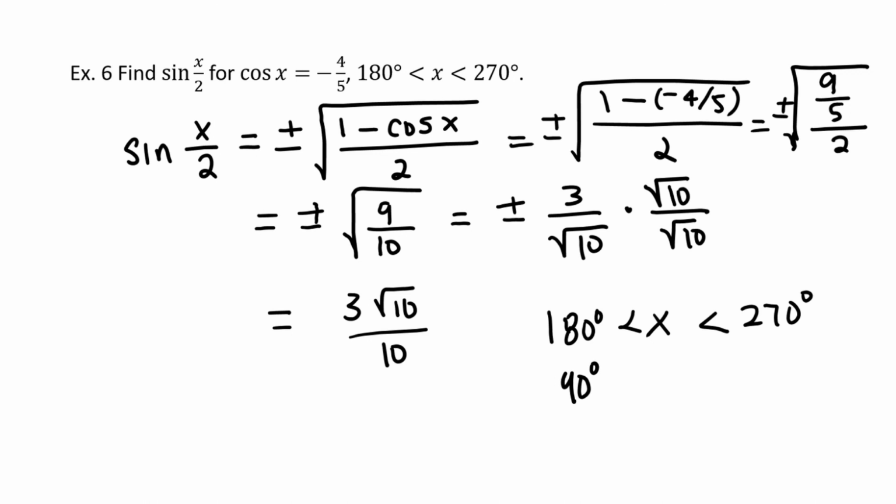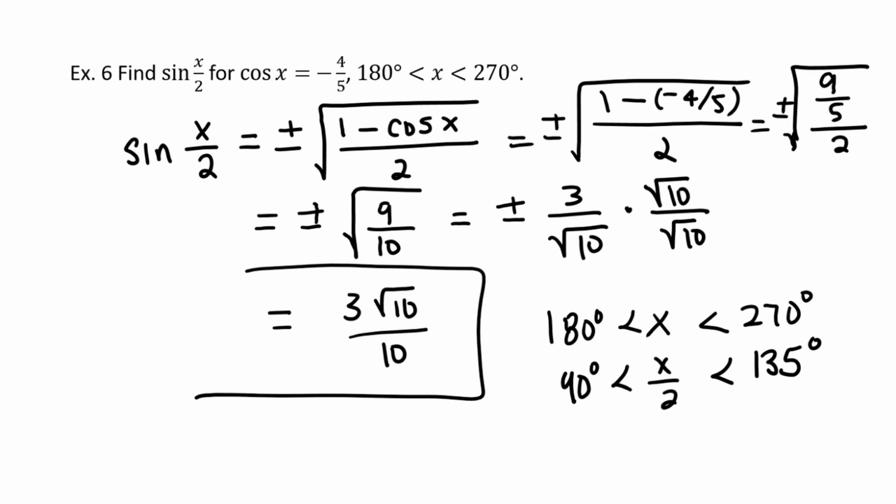So we know that then x over 2 would be between 90 degrees and 135 degrees, and in that interval the sine is positive, so sine of x over 2 for the given information is positive 3 times the square root of 10 divided by 10.